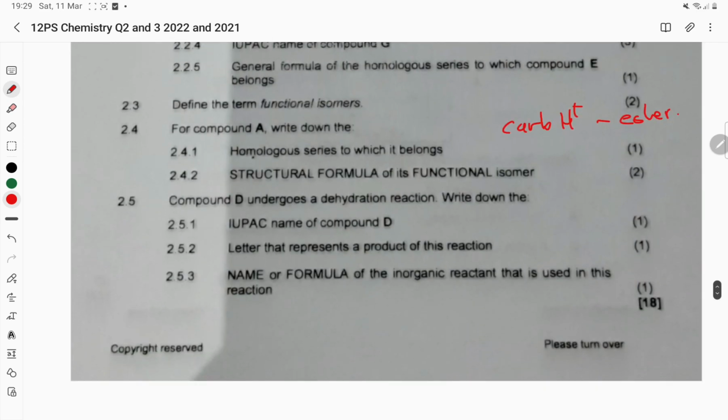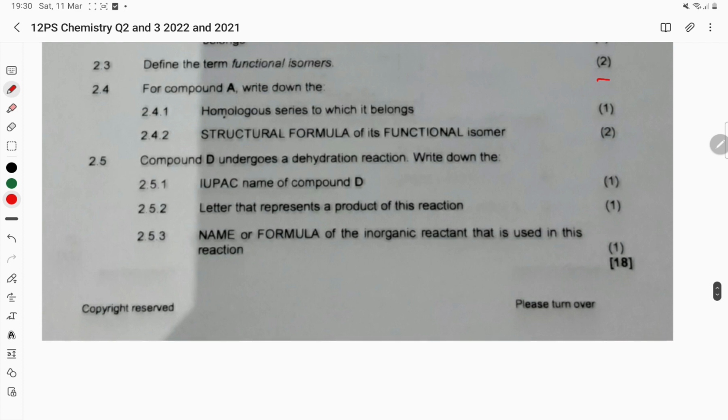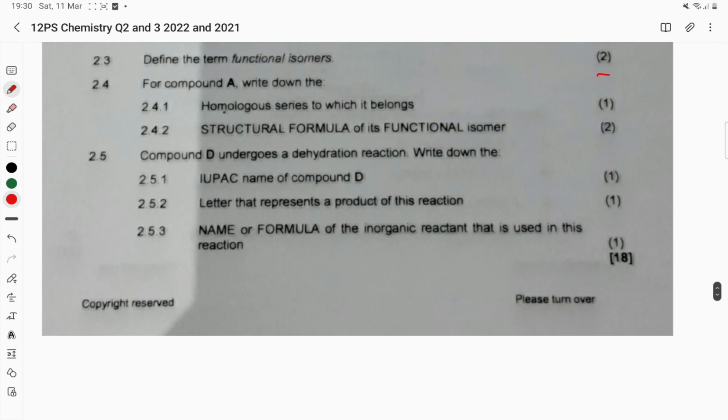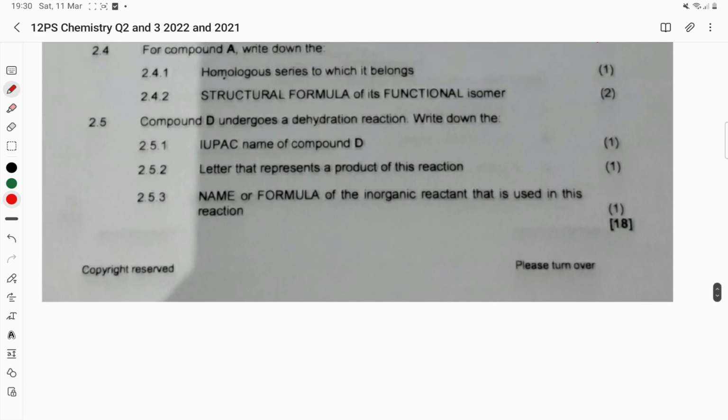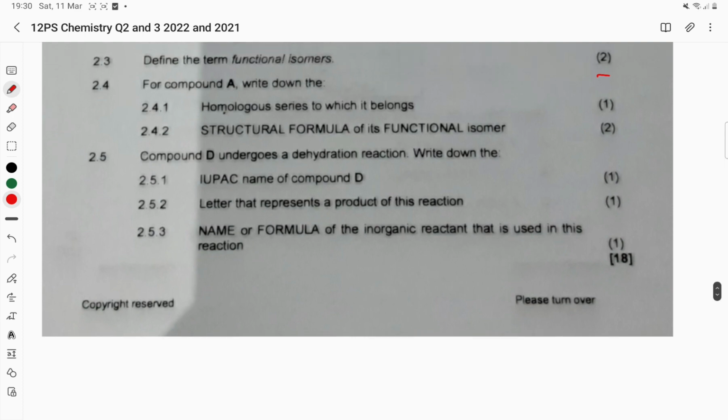Okay, the next one says compound D undergoes dehydration. Let me just check quick. Dehydration reaction, I thought this was an esterification type of thing, but backwards. So compound D undergoes a dehydration reaction.